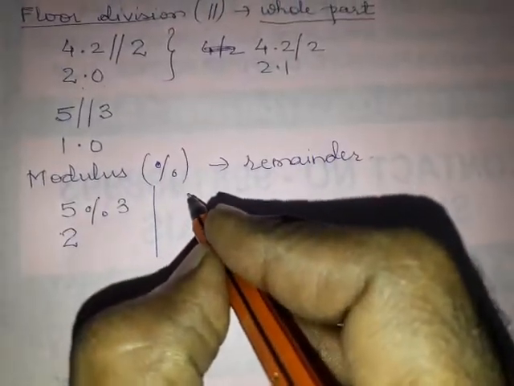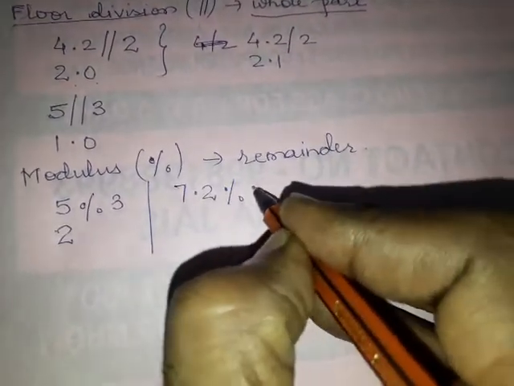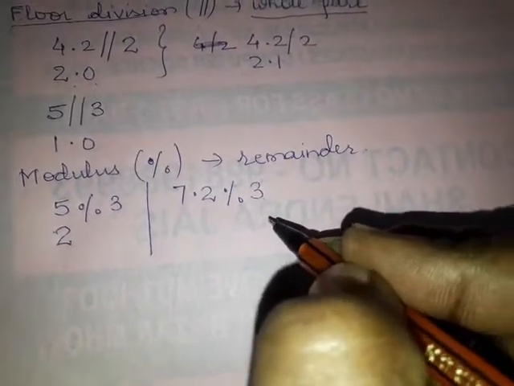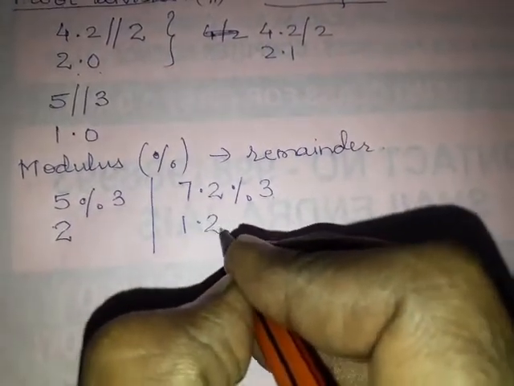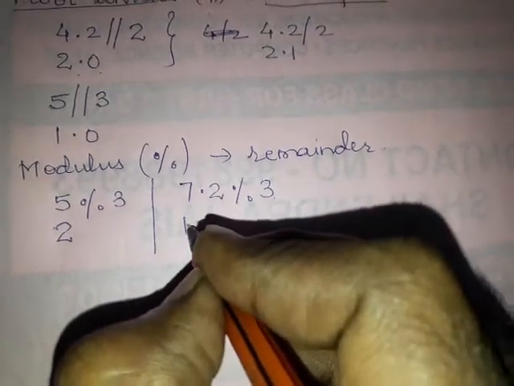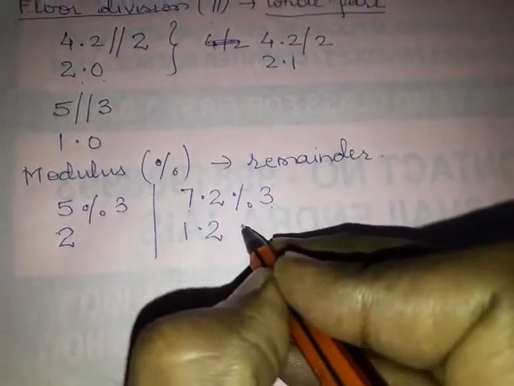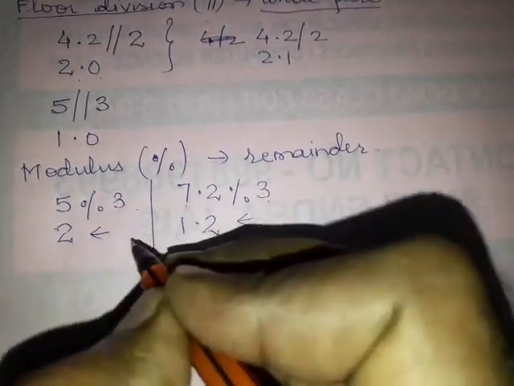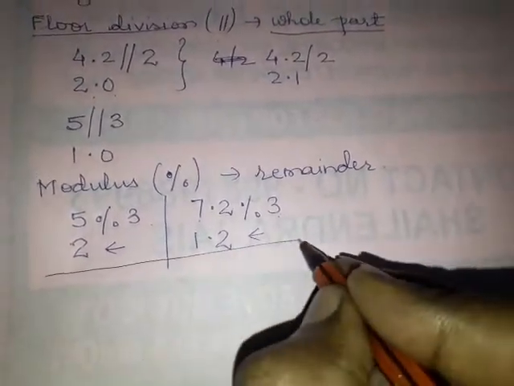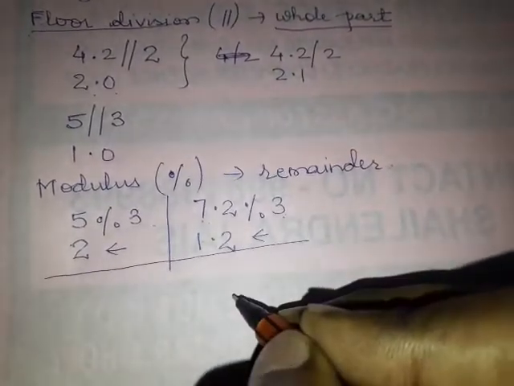Now if I divide 7.2 modulo 3, what will be the remainder? It will give 1.2 as a remainder. So these are the basics of modulus operator. When a float is divided by integer, the output is something like this. When integer is divided by integer, the remainder is like this. So be careful while using this modulus operator with float. In integer it is simple, but in float it is a little bit different.